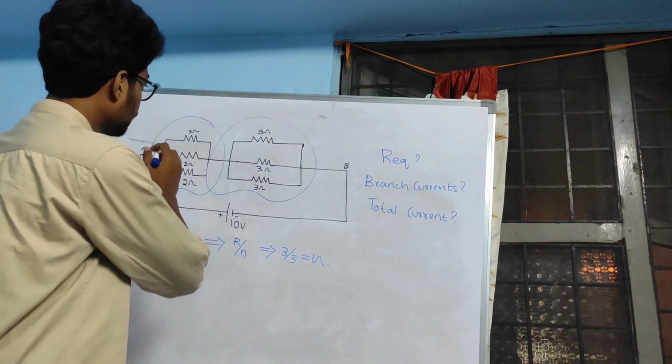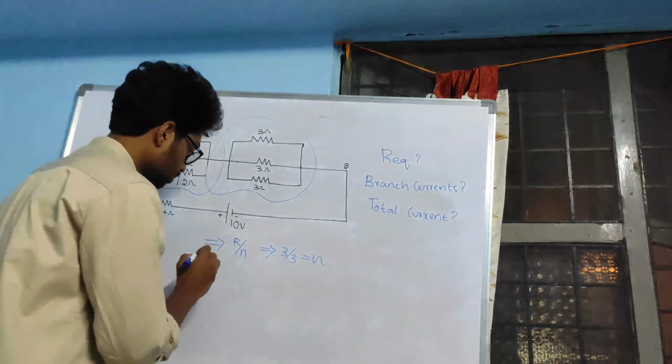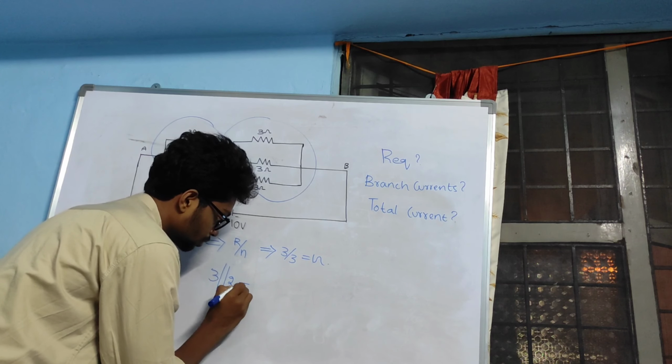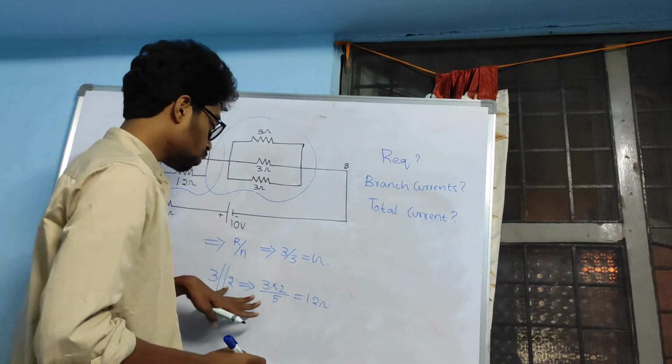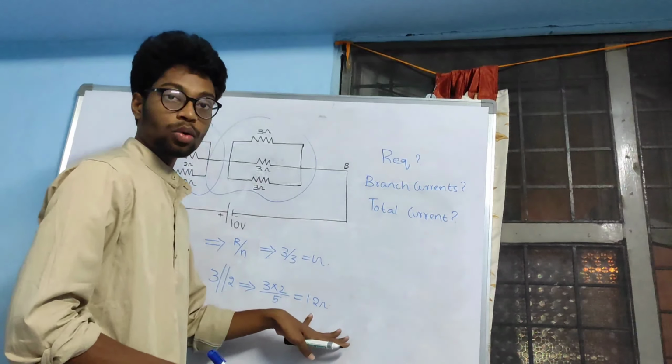Taking 3 parallel with 2 ohms, I get the R equivalent as 3 cross 2 by 3 plus 2, that is 6 by 5. By solving this we get 1.2 ohms. So the R equivalent of 3 and 2 connected in parallel is 1.2 ohms.